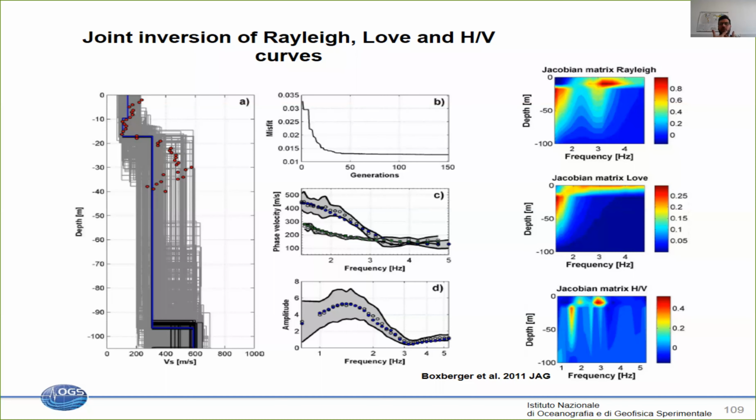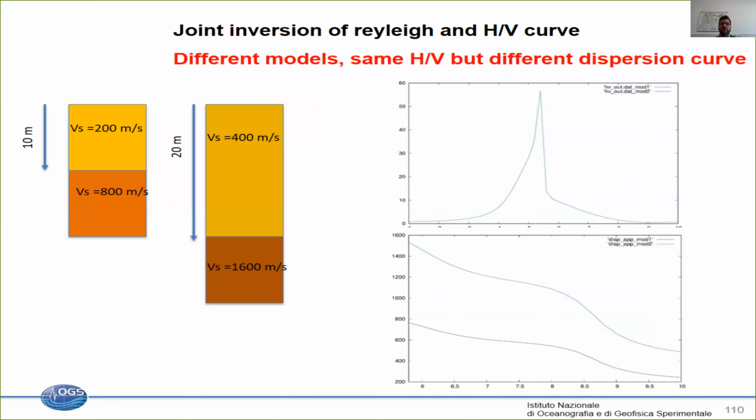So it means that when we merge in the joint inversion the information coming from the different curves, we can better distinguish amongst the many models that maybe can produce similar results. For example, for the H over V, we can distinguish the one that has features that are only similar for the Rayleigh or for the Love waves.